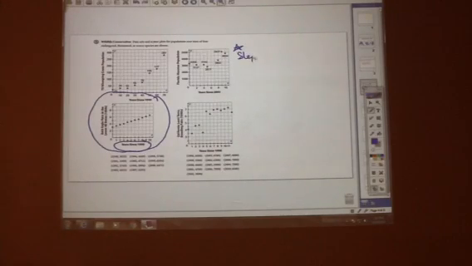So step 1, we picked quadratic. Why did we pick quadratic? What does a quadratic do? Goes down and comes up, or up and down. So what does it do? It changes direction.